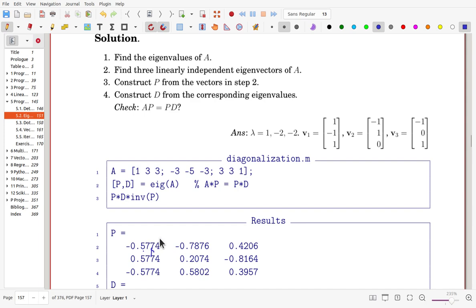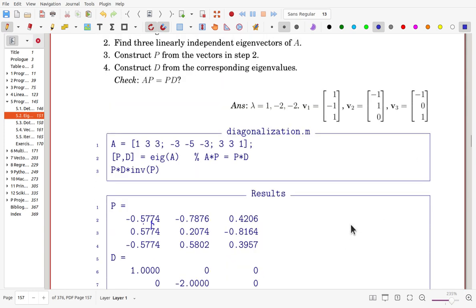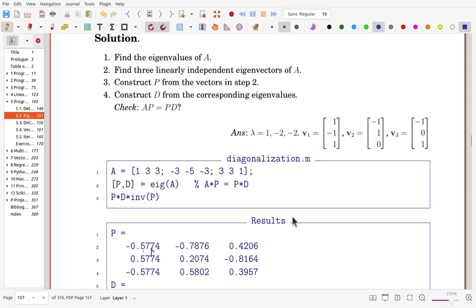If you multiply by some scalar, then you can reach 1, 1, 1. So same up to scale, so that you can get this one. But now for lambda is minus 2, we have this one and this one, two eigenvectors, but the computer output is quite different. Let's check if it is correct.